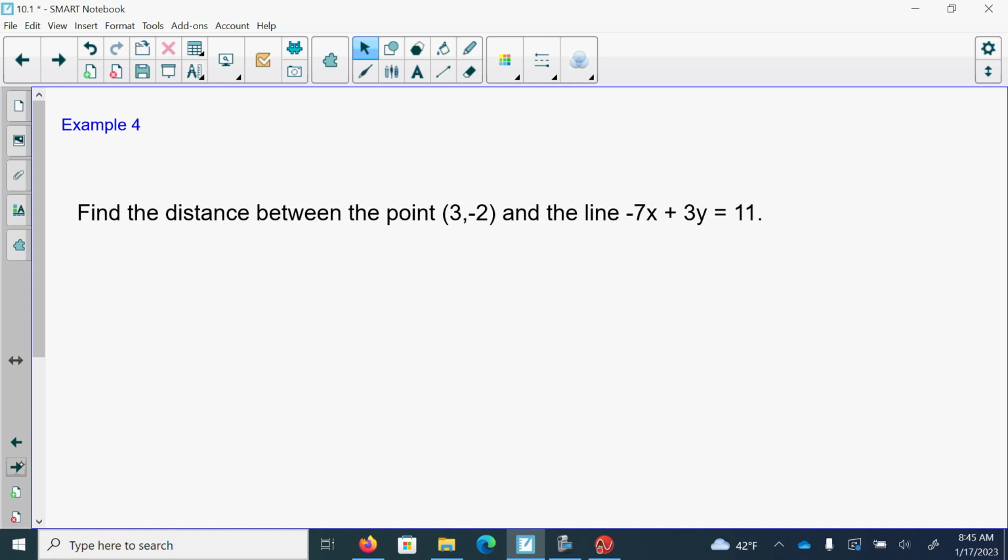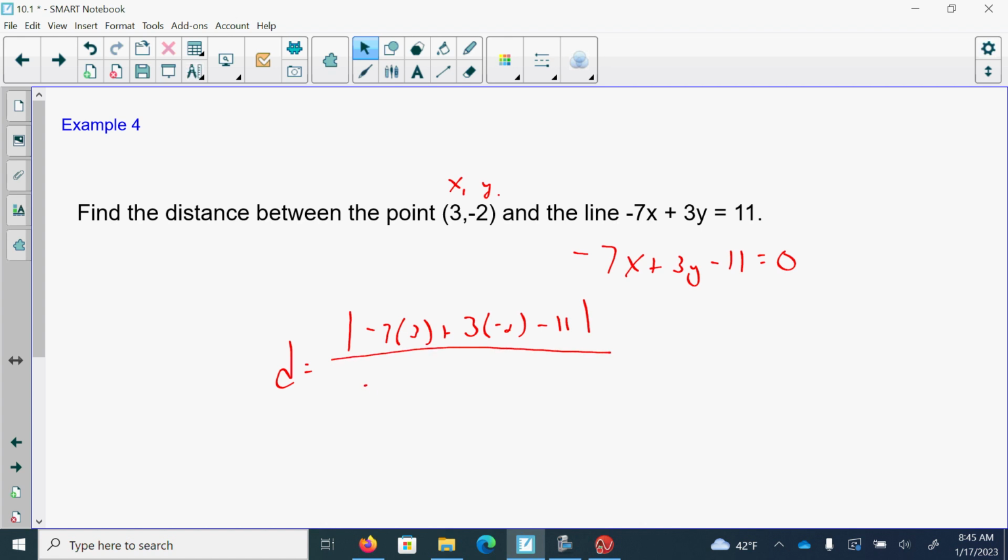Find the distance between the point 3, -2, and the line -7x plus 3y is equal to 11. I'm going to rewrite this as -7x plus 3y minus 11 is equal to 0. Remember, they're setting the equation equal to 0. This is my x1, this is my y1. To find the distance, I'm going to take the absolute value of A times my x coordinate plus B times my y coordinate plus c, so I'm going to write minus 11, all over the square root of -7 squared plus 3 squared.